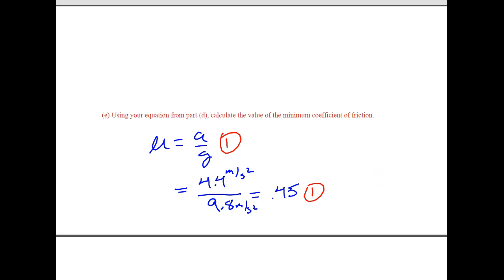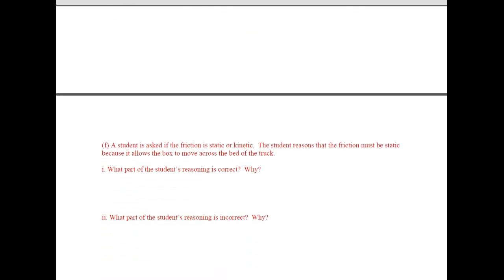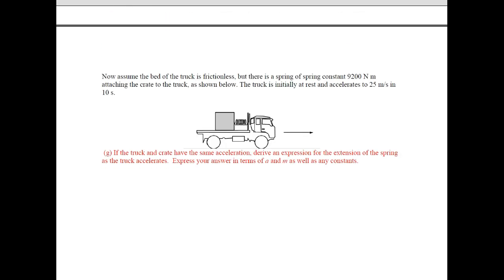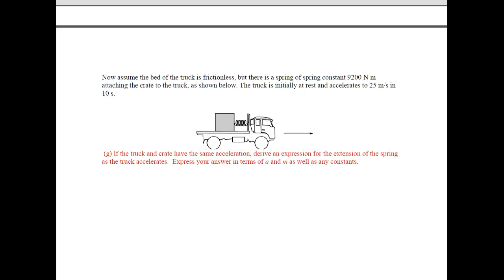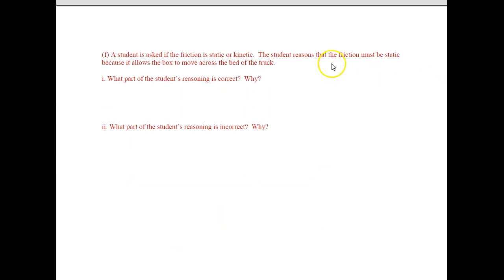The next part of this problem states you've got a student asked if their friction is static or kinetic, and the student reasons, so let's move back up here, that the friction must be static because it allows the box to move across the bed of the truck. What is correct about the student's reasoning?